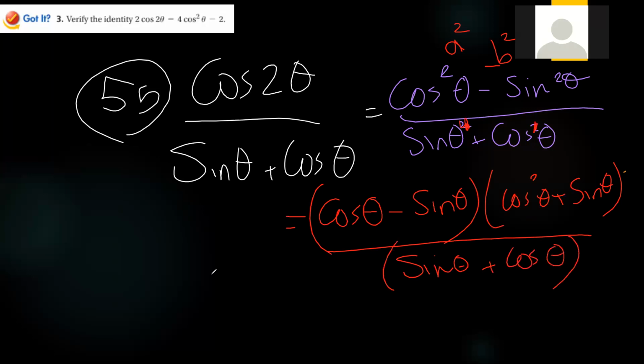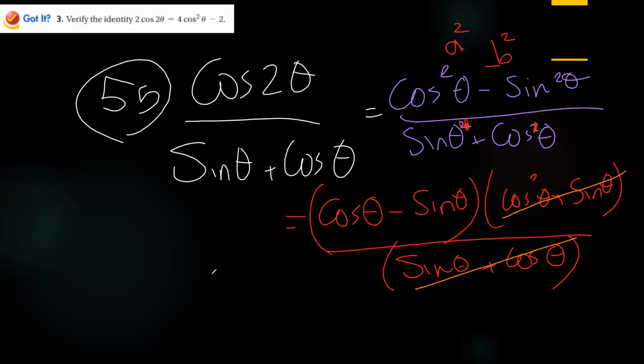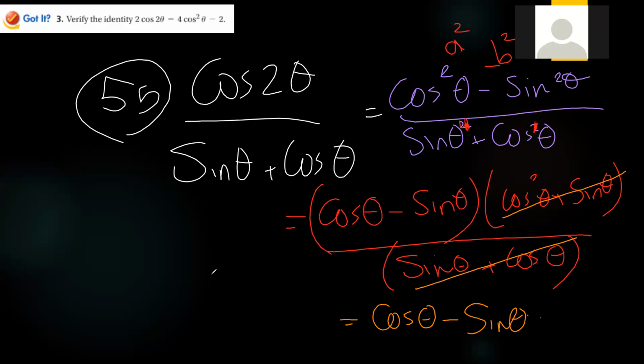Then we cancel them, so we get cosine of theta minus sine of theta. Is it clear? Teacher, we can't simplify it more, right? It's just like that, cosine minus sine. Okay.